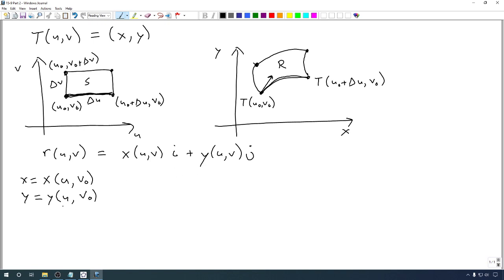Now, since we are treating x and y as functions of two variables, those derivatives with respect to just u are the partial derivatives with respect to u. In other words, we have a vector that is the tangent vector to that curve, which we're going to denote as r sub u, is the partial derivative of x with respect to u times i, plus the partial derivative of y with respect to u times j. So this is a tangent to our curve.